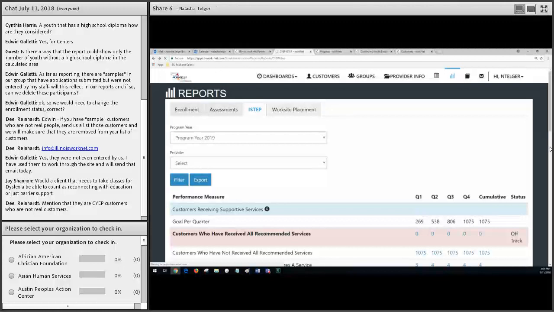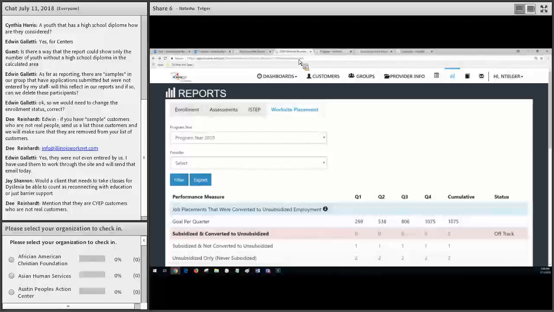So I think the idea with reconnecting with education is that the education is moving toward completing the high school equivalency. And again, it doesn't have to be that the youth actually completes the high school equivalency or high school diploma during the year, but that the youth is moving toward that anyway. So this is going to be a judgment call on your part.